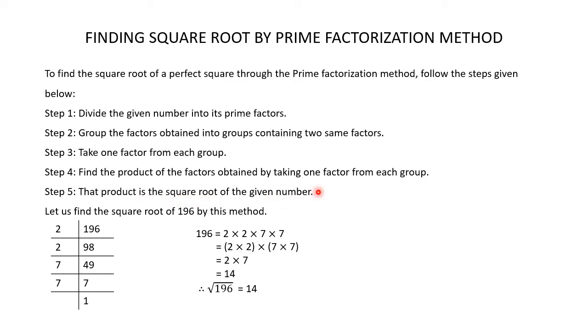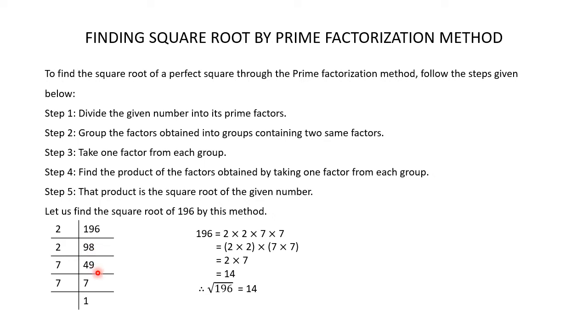Let's understand this with an example. Let us find the square root of 196 by the prime factorization method. First, divide 196 into its prime factors. Divide 196 by 2. You will get 98 as the quotient. Divide 98 again by 2, you will get 49.